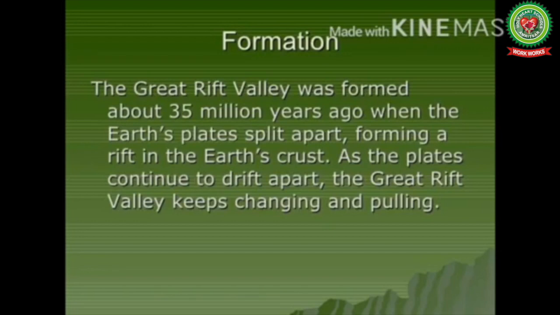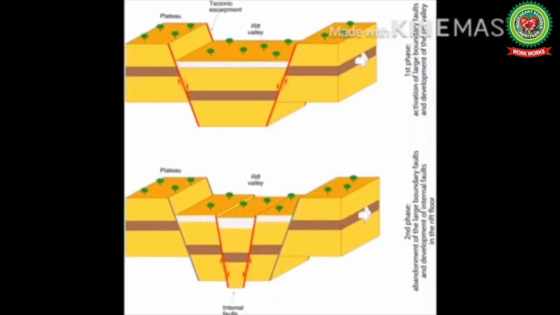As the plates continue to drift apart, the Great Rift Valley keeps changing. Due to the movement of the Earth's plates, cracks are formed on the surface of the Earth. And as the land between the two cracks sinks down, the Rift Valley is formed.